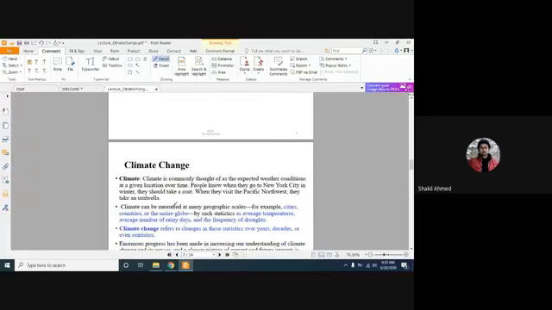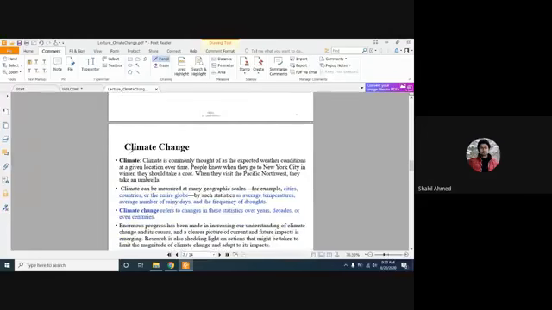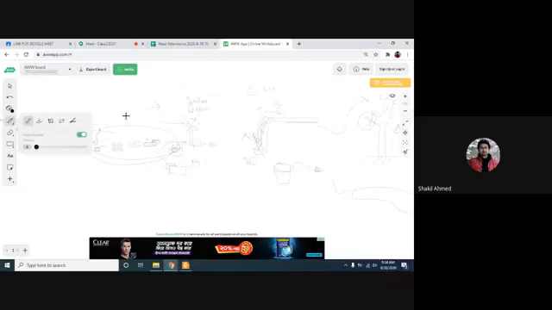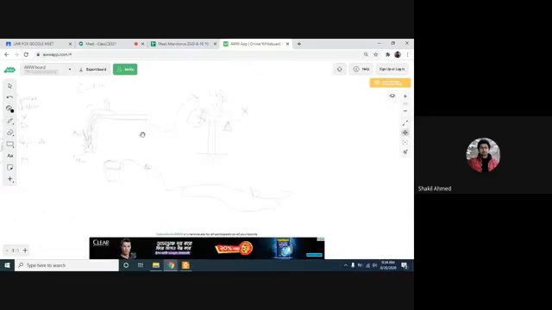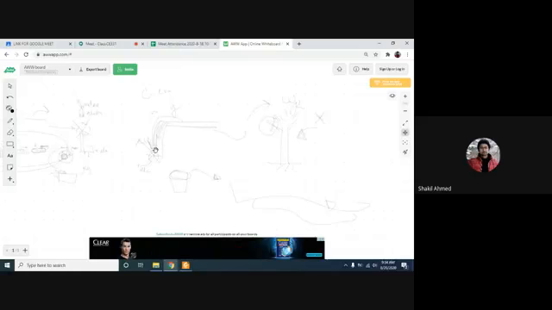Okay. Now, climate change. We are talking about global warming and amplified global warming, and we are talking about a multitude of processes through which we can reduce carbon dioxide emission.